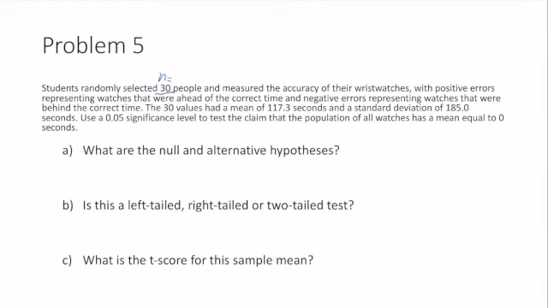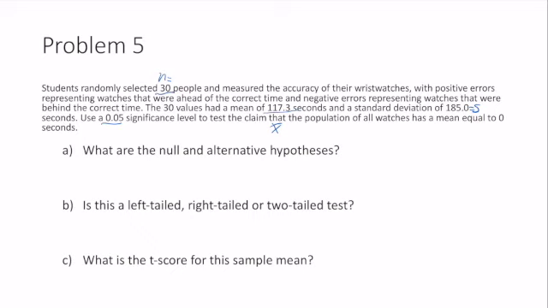These 30 values had a sample mean of 117.3 seconds and a sample standard deviation of 185. We're going to use a 0.05 significance level test to test the claim that the population of all watches has a mean equal to 0.